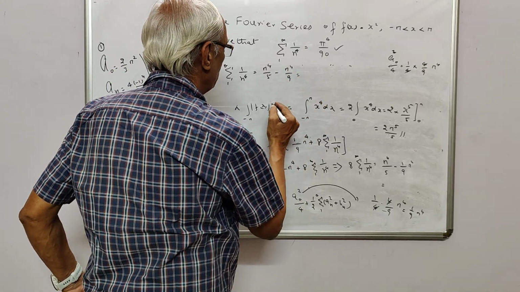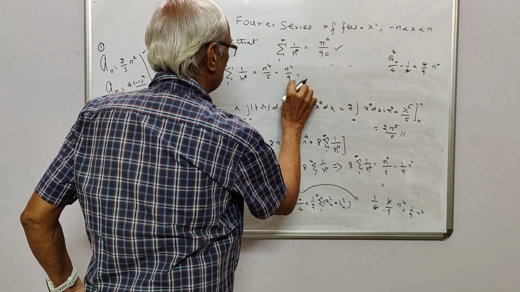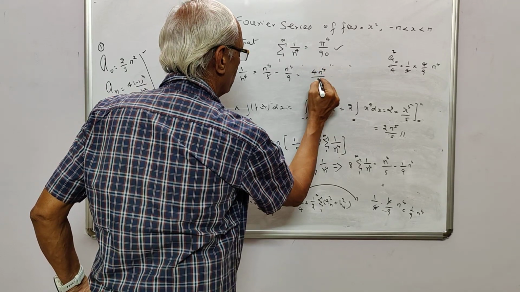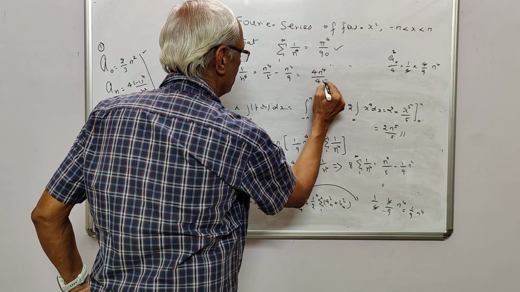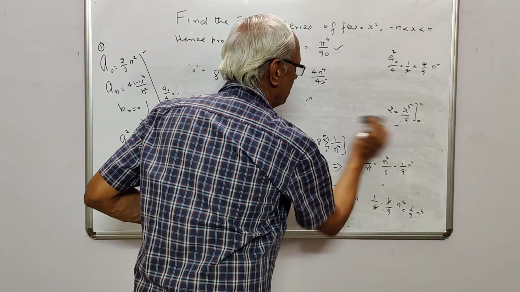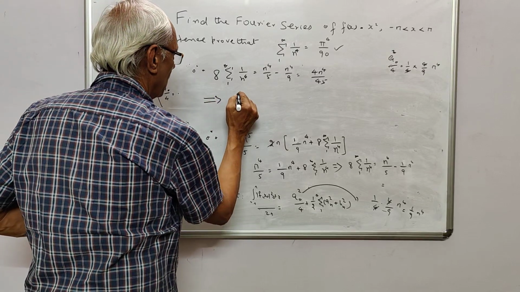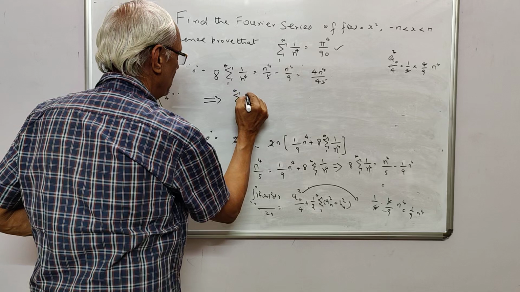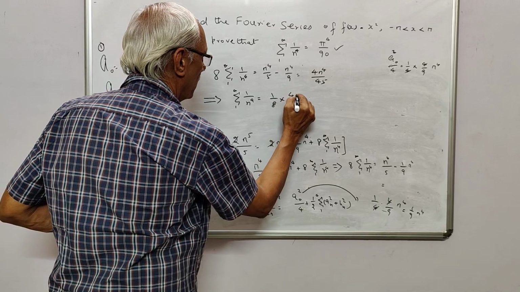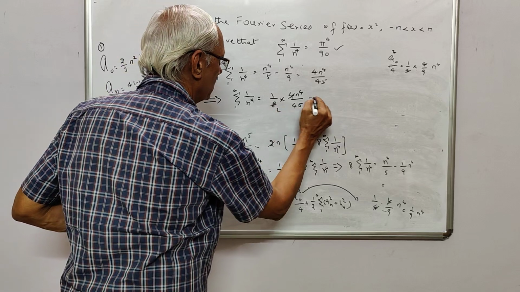So how much do you get here now? 9 minus 5 is 4, so π⁴ divided by 45. This is 45. So this implies the sum from 1 to infinity of 1 by n⁴, so this will go 2 times.